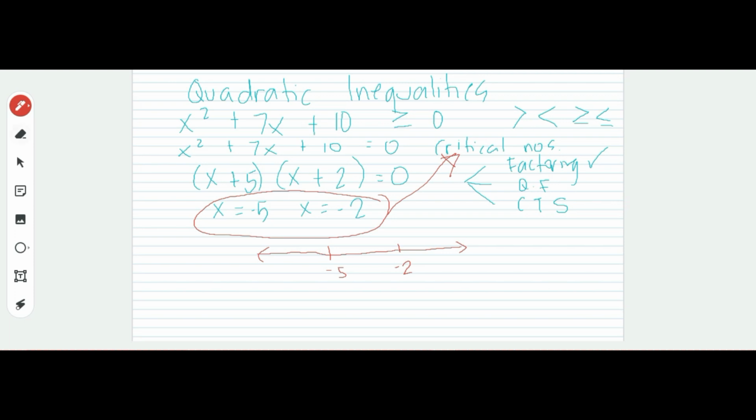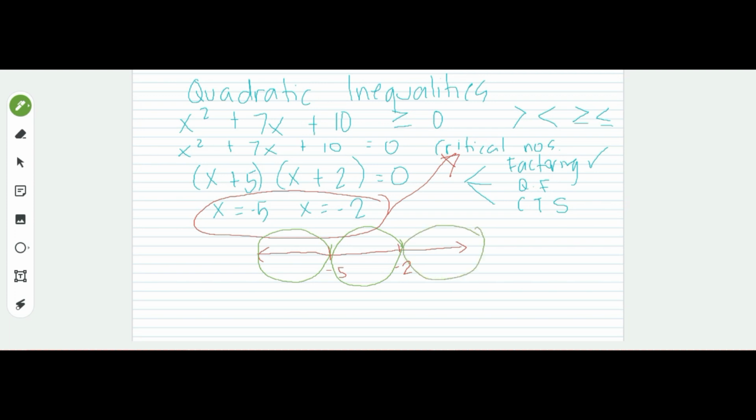The test numbers are these: the numbers before the -5, the ones in between your critical numbers, which are -5 and -2, and the numbers after the -2. I'll just put a circle here so you will be more clear with what I'm trying to say.